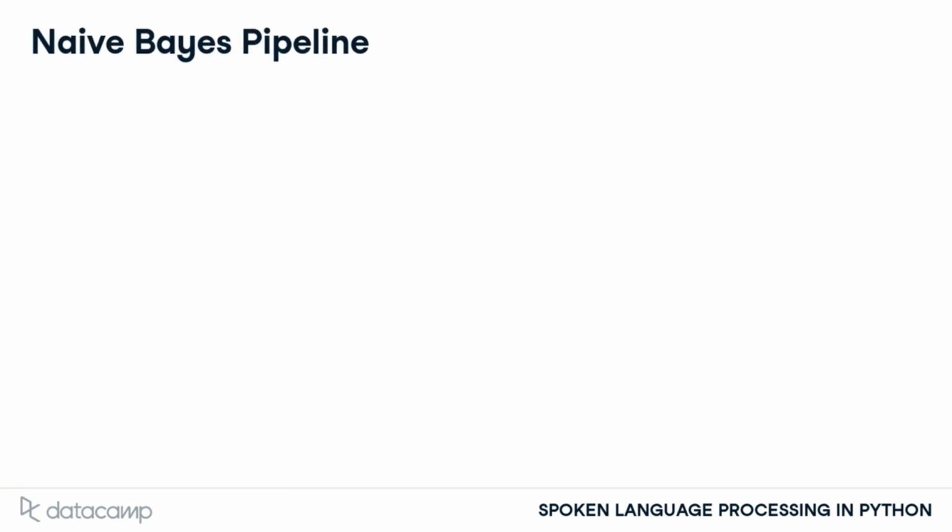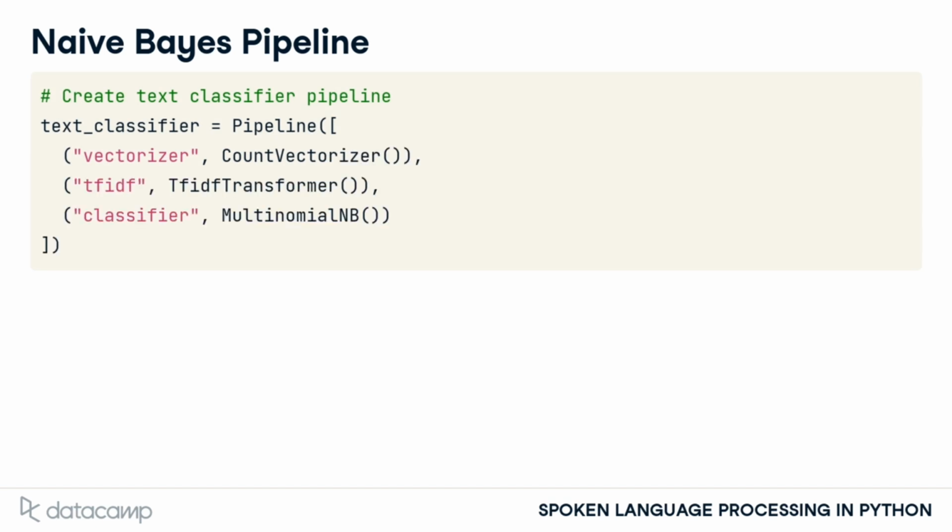Next, you set up a classifier pipeline as text classifier, which uses CountVectorizer and TfidfTransformer to transform each of the samples into a certain value depending on the words they contain. Then, MultinomialNB builds a naive Bayes model to classify each sample.